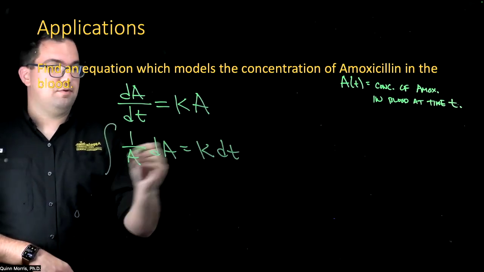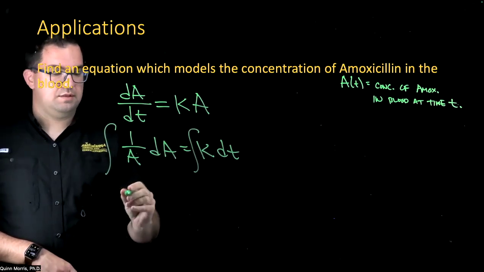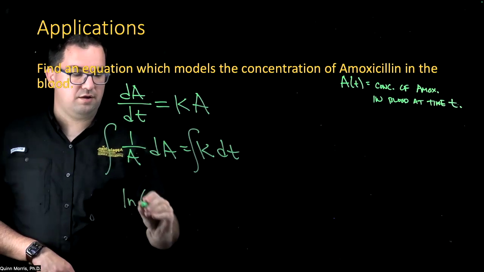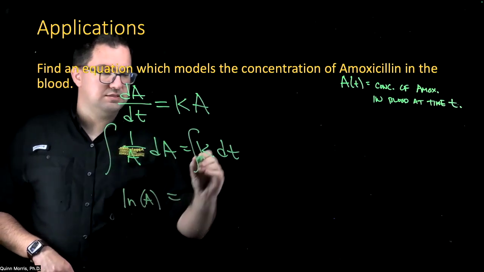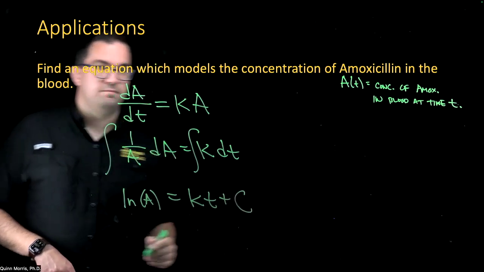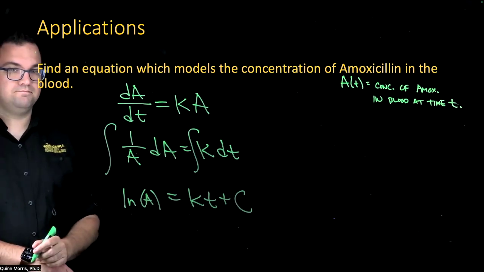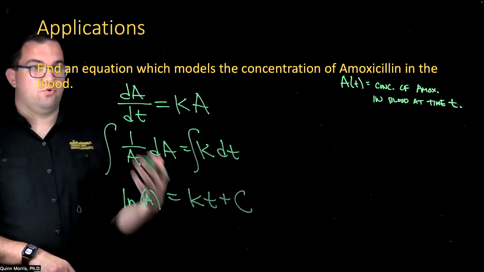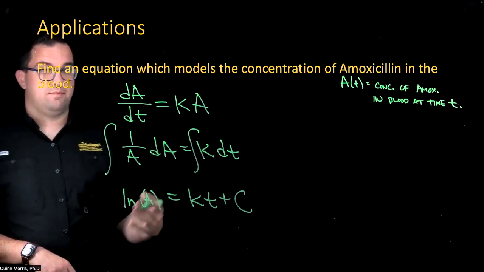And now I can integrate both sides. This will give me natural log of A is equal to K times T plus C. Now my goal is to write down an equation for A, the amount of amoxicillin.